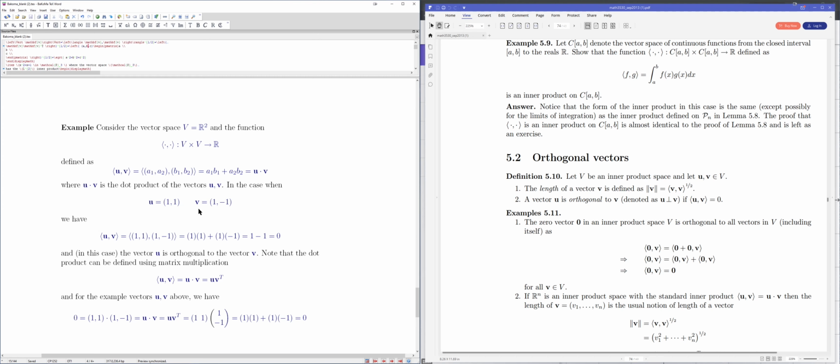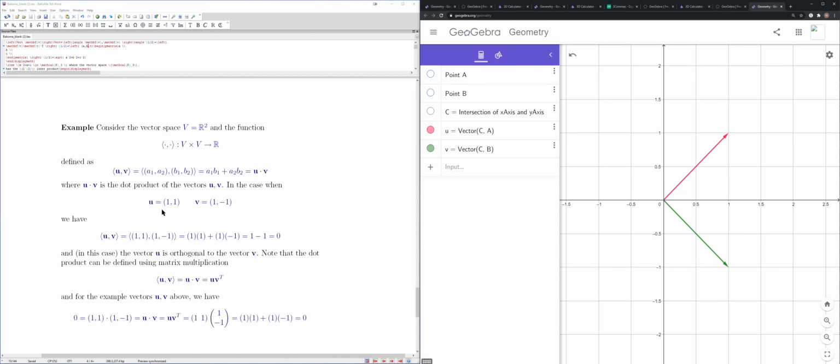The idea of orthogonality here is the normal idea of orthogonality that you know. These vectors are at right angles to each other, because the inner product that you're using is really the standard dot product. So these two vectors are an example of orthogonal vectors. U is orthogonal to V, because when you work out the inner product of U and V, you end up getting 0. And this situation we can sketch.